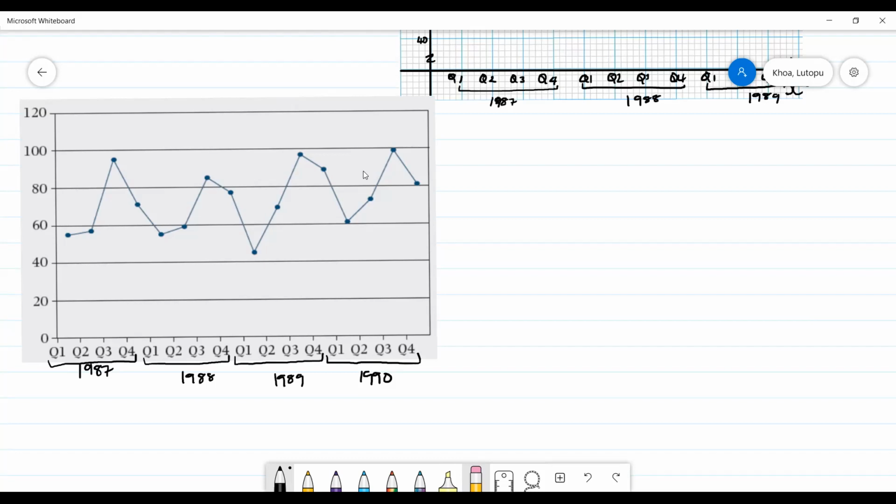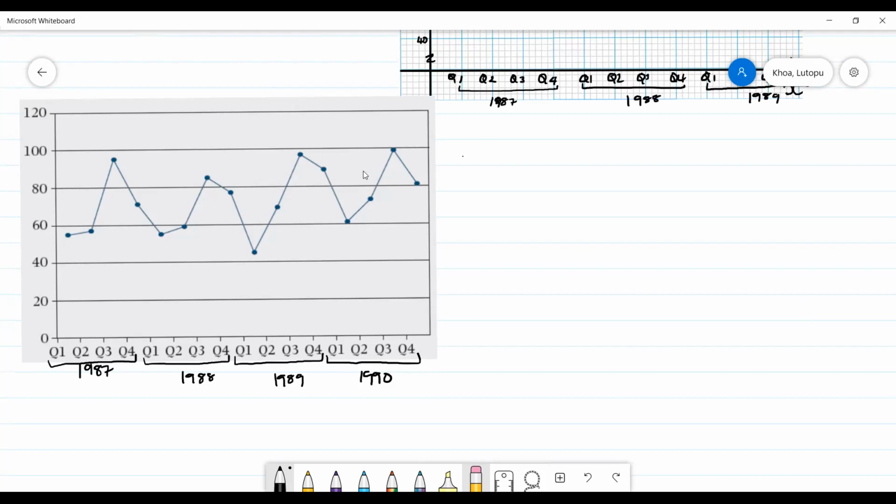Now we'll notice that every third quarter, so here, this is our third quarter, is the highest. Then at this point, the highest point here again is in the third quarter. The highest point here again is the third quarter, and then the highest point is the third quarter.